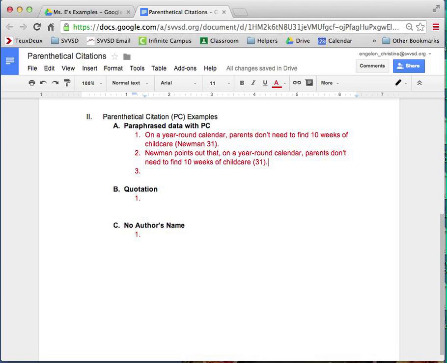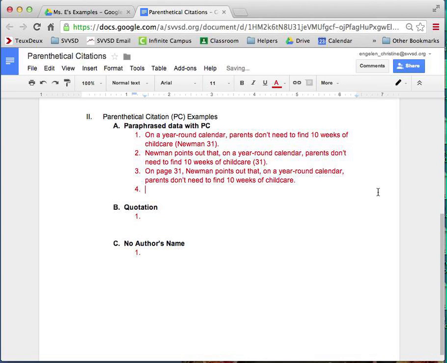Got it? I also told you that in some cases, you can omit needing a parenthetical at all. And here I have done that. In this sentence, it says on page 31, Newman points out that on a year-round calendar, parents don't need to find 10 weeks of childcare. I don't have a parenthetical on this sentence at all because both the name and the page number have been written into the sentence itself.